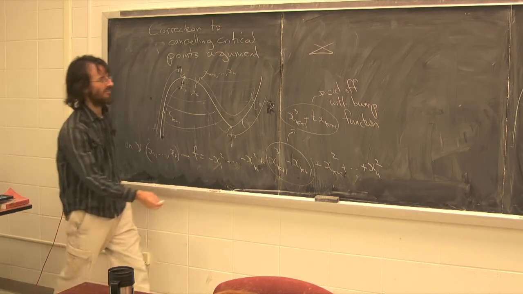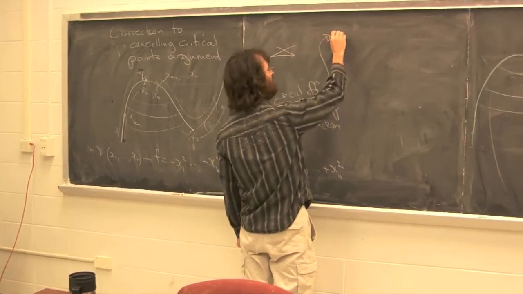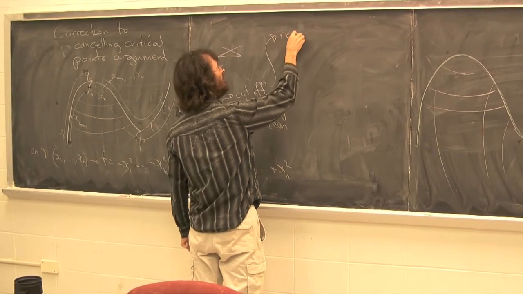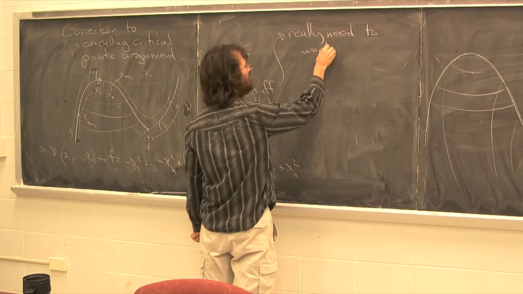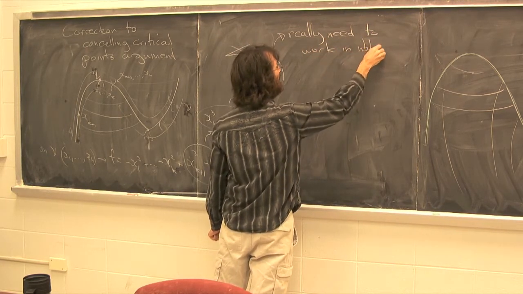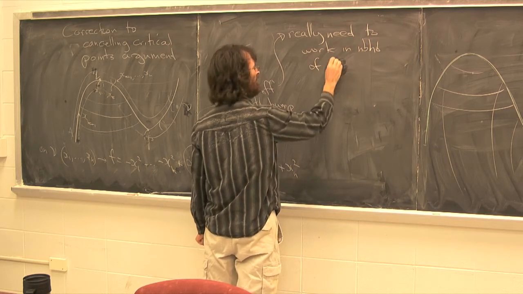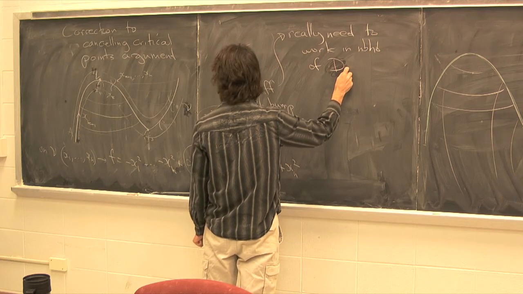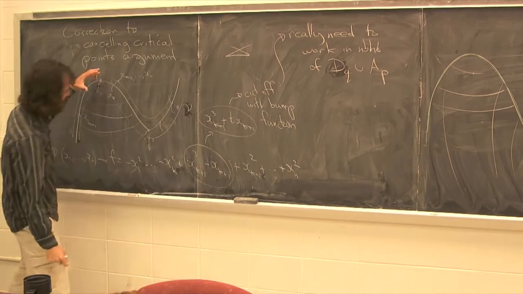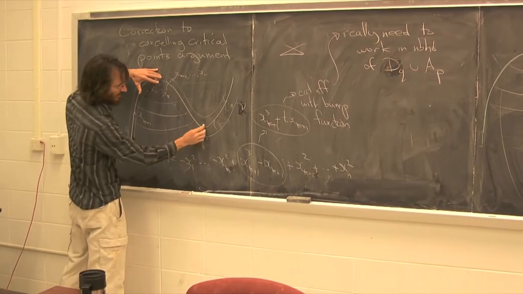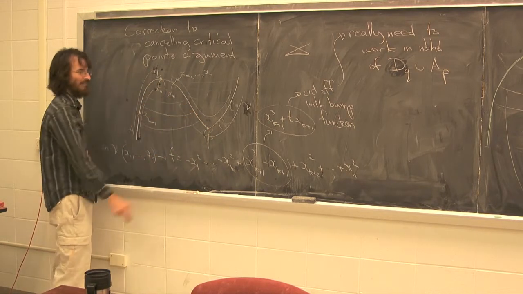And I'm not going to give you all the details, I'm giving you far from the details, they're easy to figure out, but you really need to work in a neighborhood of the descending manifold for Q union the ascending manifold for P. You can do various things. You can just work in a small neighborhood of P, sort of tacked onto this full descending manifold for Q, right?